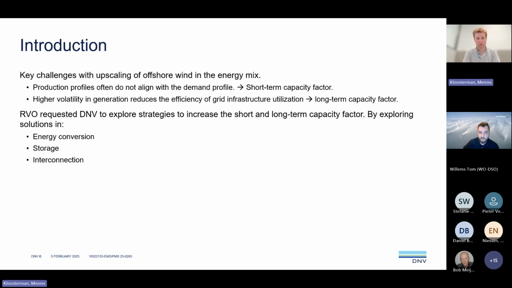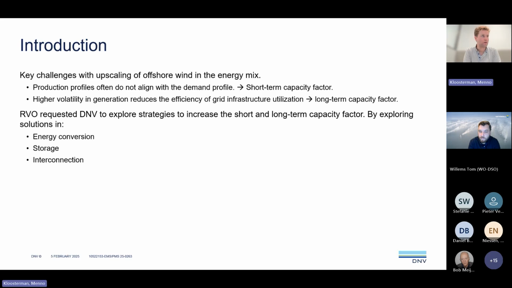We were approached by RVO to study the possibilities to increase the capacity factor of future offshore wind farms, and to see how offshore wind farms can better tie into the energy demands and give a more stable, less volatile output.